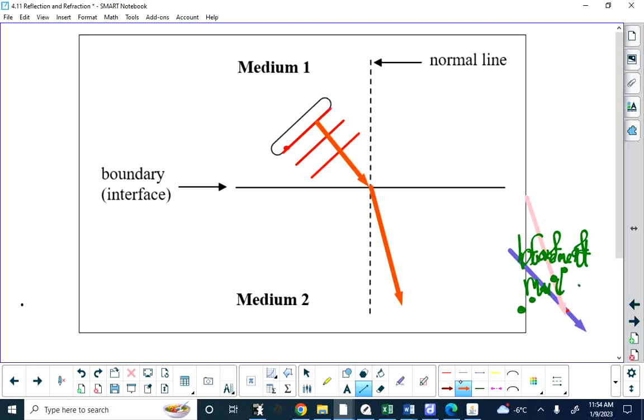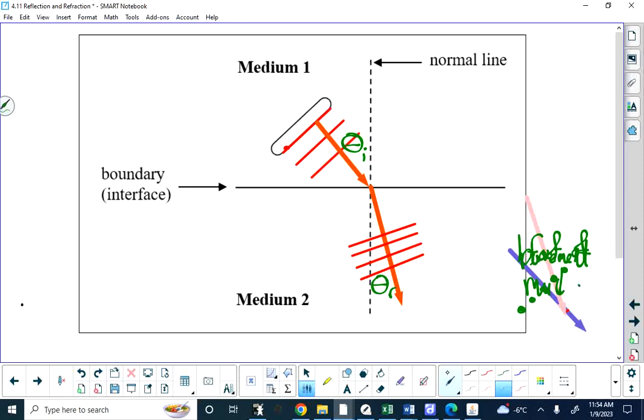Less dense to more dense refracts towards the normal, slows down, shorter wavelength. So if I were to draw the wave fronts here, the wave fronts are going to be closer together. Finally, this is theta I, this is theta R. R for refracted.